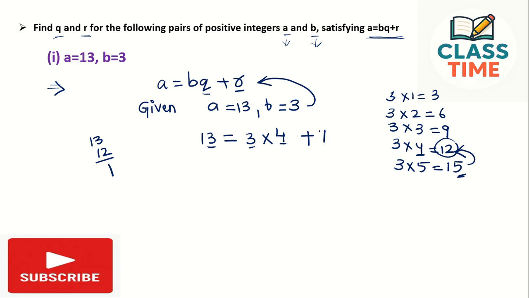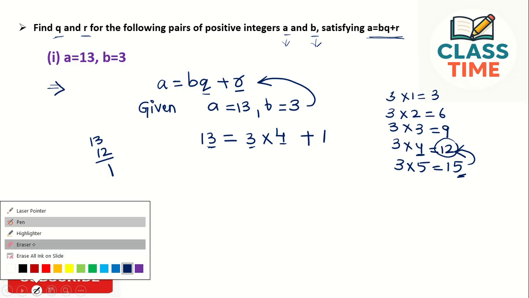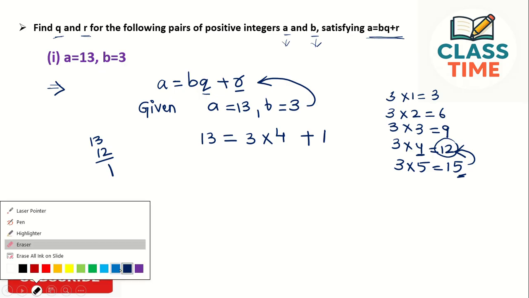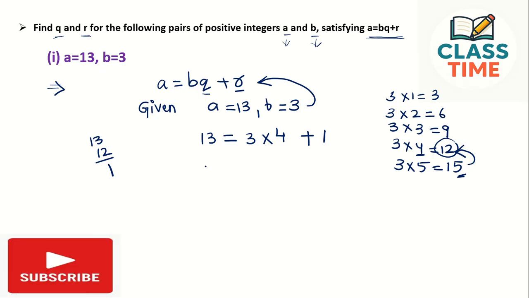So 1 is the remainder here. So simply we found q and r for given a and b. That is, what is q? 4. Next, what is r? 1.